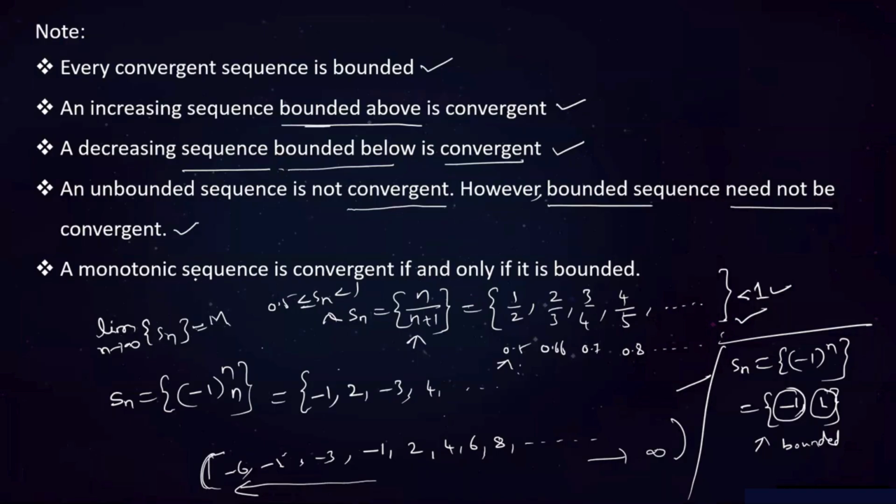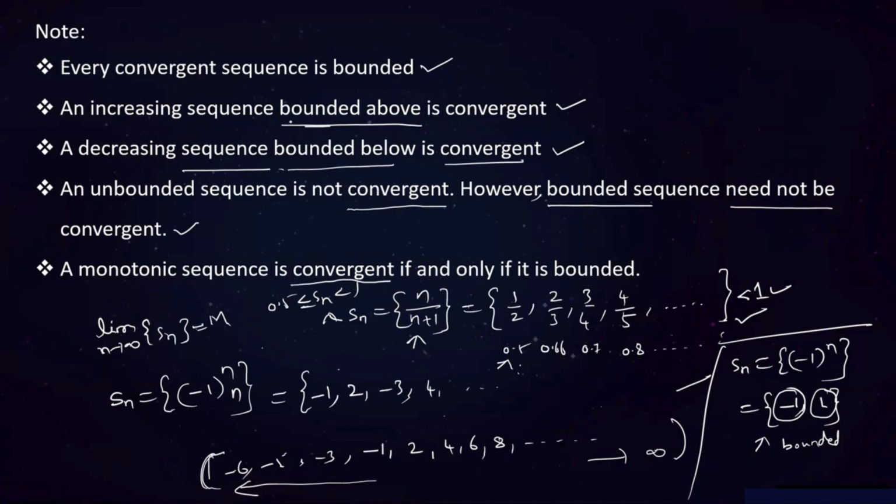Okay. And see, I'm just combining all the other statements here. When you are given a monotonic sequence, maybe monotonically increasing or monotonically decreasing, when you are given a monotonic sequence which is convergent, see, we had seen this already.